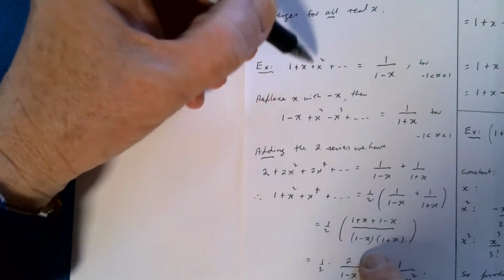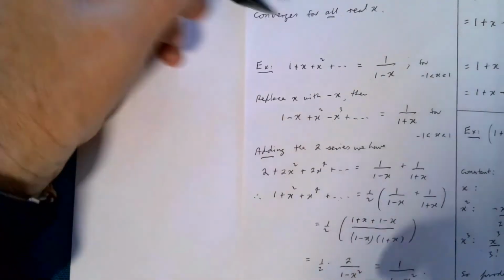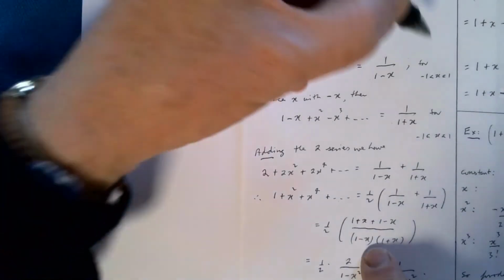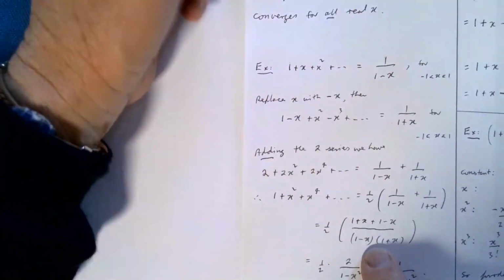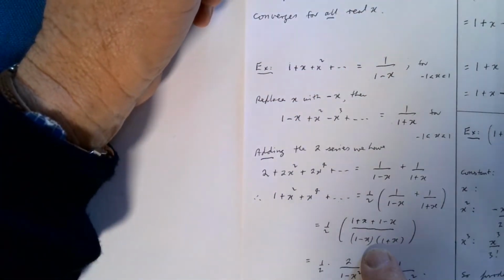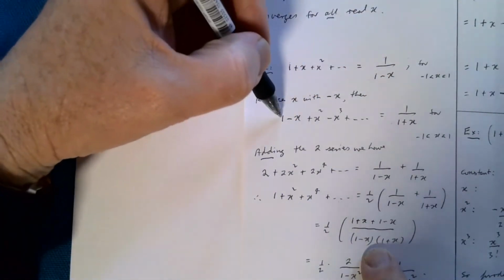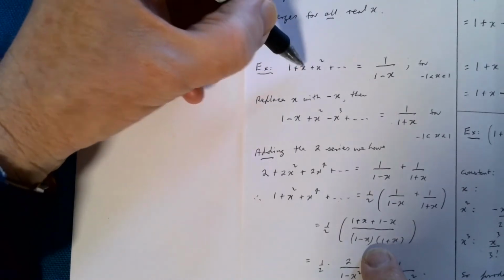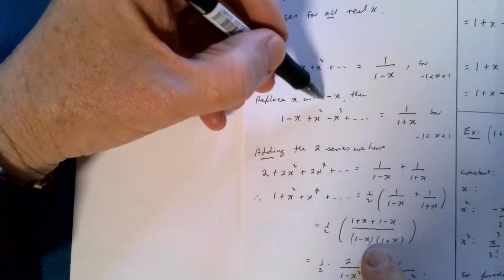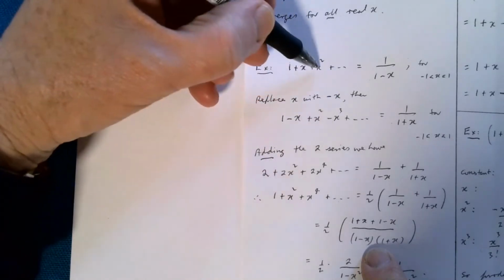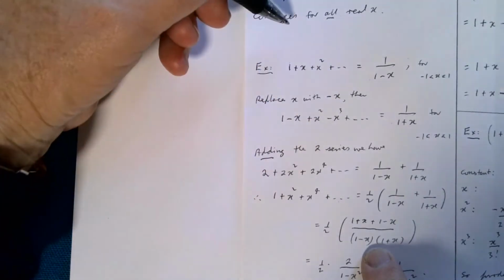Well, we can play with this. I'm going to replace the x here with minus x. If x is between minus 1 and 1, then minus x is also between minus 1 and 1. They're just flipping around the origin. If I do that in the series, I replace this x with minus x. Now when I square minus x, minus squared is a plus, so I just get plus x squared.